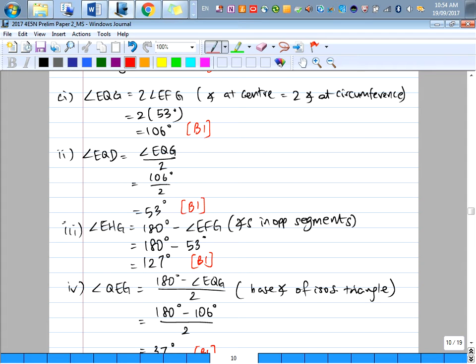Okay, C part 1, EQG. EQG is actually angle at the center, which is 2 times the angle at the circumference. This one was already given to you, 53 degrees. So answer is 106 degrees. Part 2, EQD.